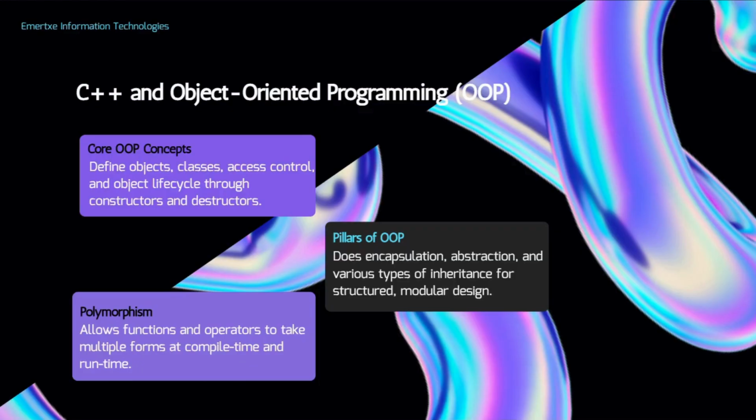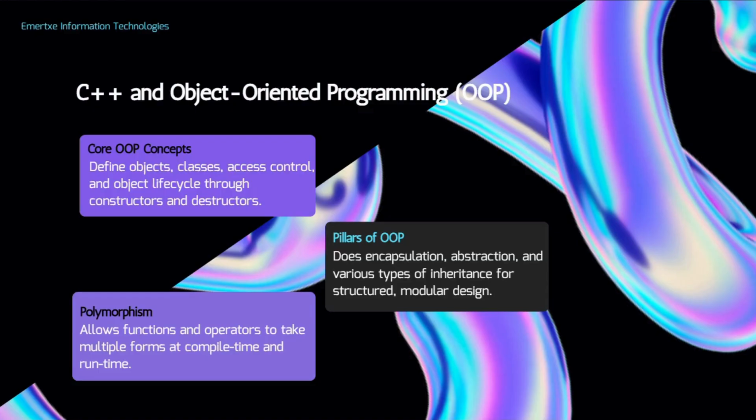Once we had a solid foundation in C, we transitioned to C++, which builds on C but adds object oriented programming (OOP) features. OOP lets us model real world entities as objects with state and behavior, improving modularity, reusability, and maintainability of code.